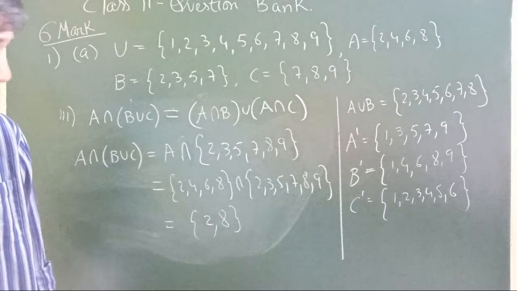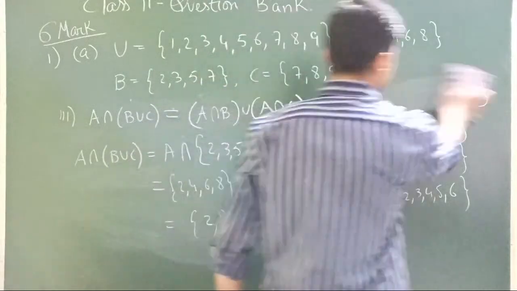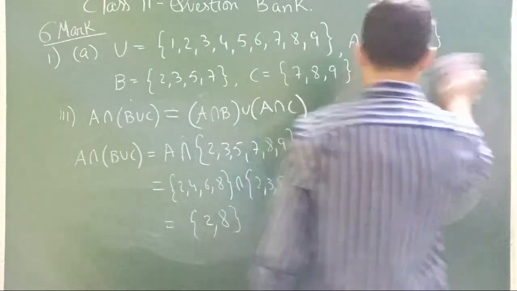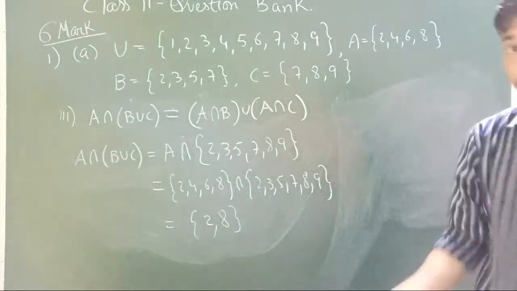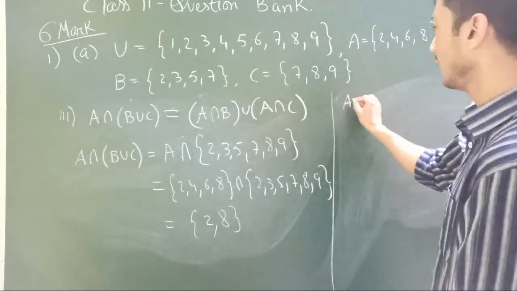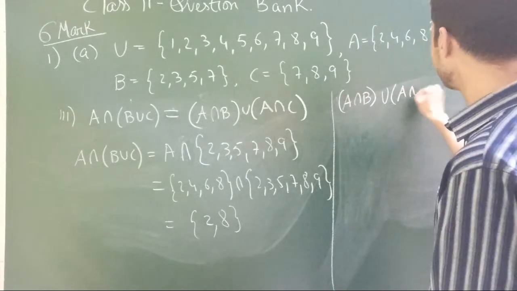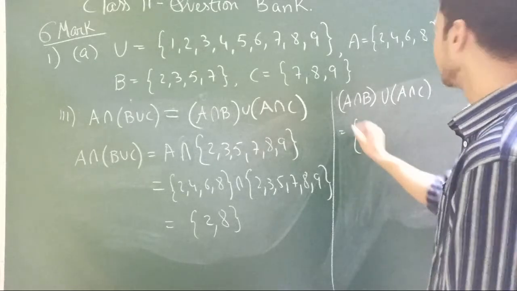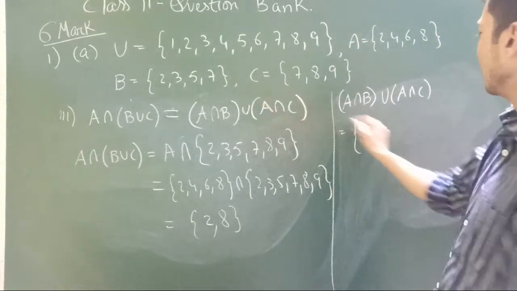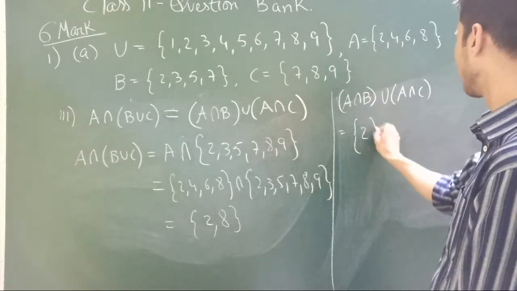I'll just go to the other side. The other value is A intersection B union A intersection C. A intersection B: A and B, we have 2, we don't have anything else.